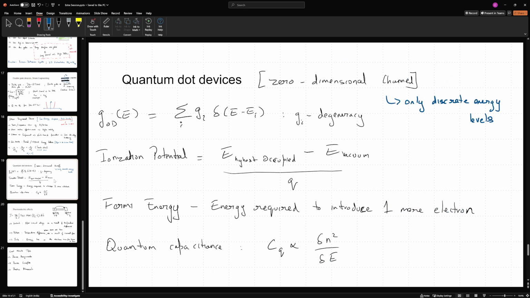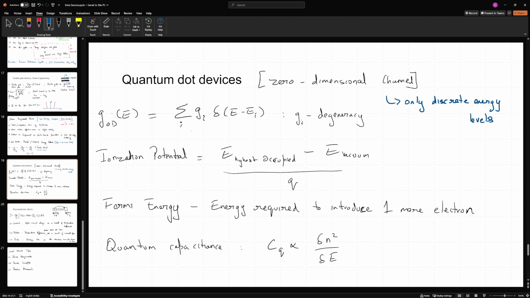The next part, second last topic, is the quantum dot devices. Quantum dot devices are zero dimensional channels. They only have discrete energy levels in them. There are no continuous energy levels. The density of states will always be of this form: g of i, where this g of i is the degeneracy, times delta of E minus Ei.